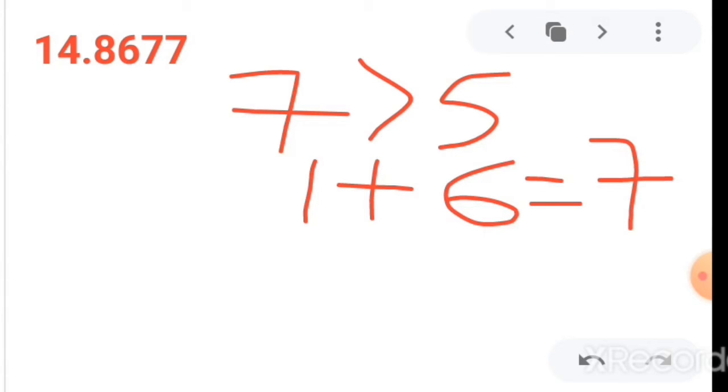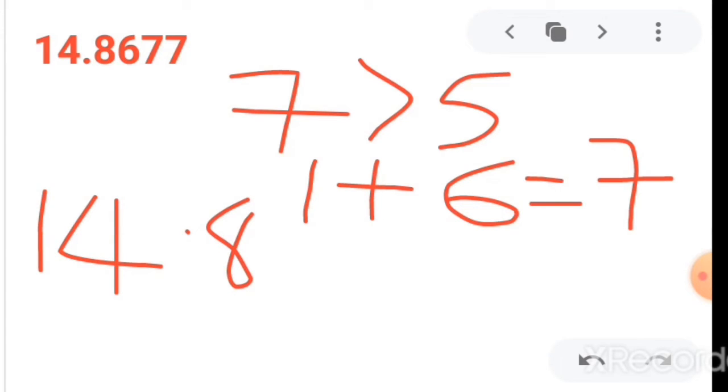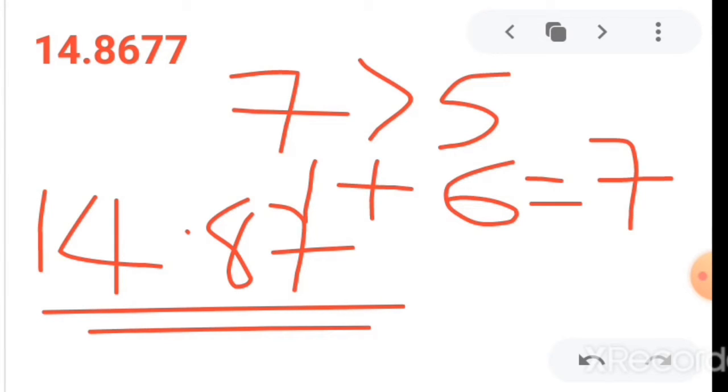So where we had 6, we replace it with 7, and where we had 7, we replace with 0. That is, all the numbers after 6 become 0. So because we have rounded up, we now have 14.87.